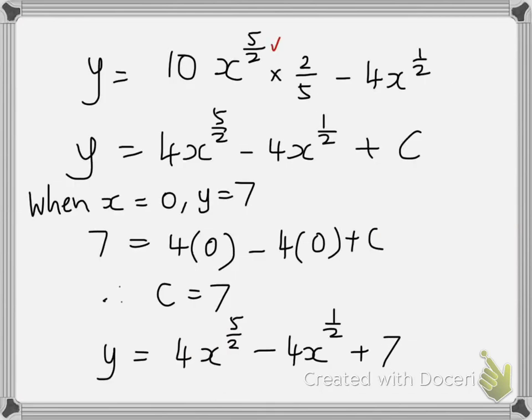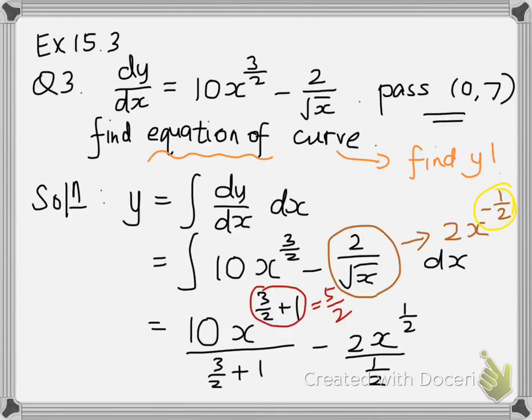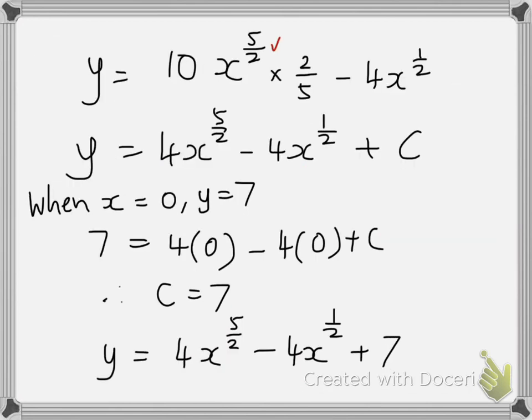And then you also divide by 5 over 2. Because you are dividing, it's like you multiply and then you switch the numerator and denominator. So you switch numerator and denominator. Alright? And then you multiply by 10.